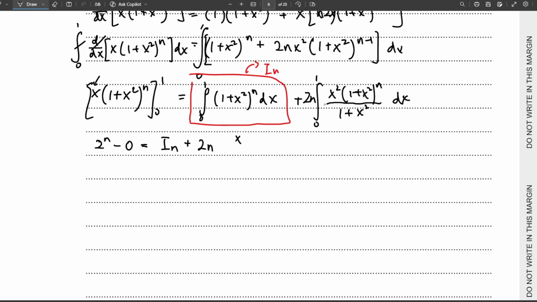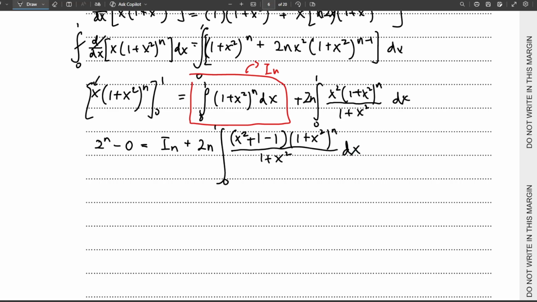I want to cancel out this x^2, so I'll make it similar to the denominator of the fraction. I'll add 1 and minus 1 to this x^2, so it's still the same thing, with 1 + x^2 on the top and also 1 + x^2 on the bottom.